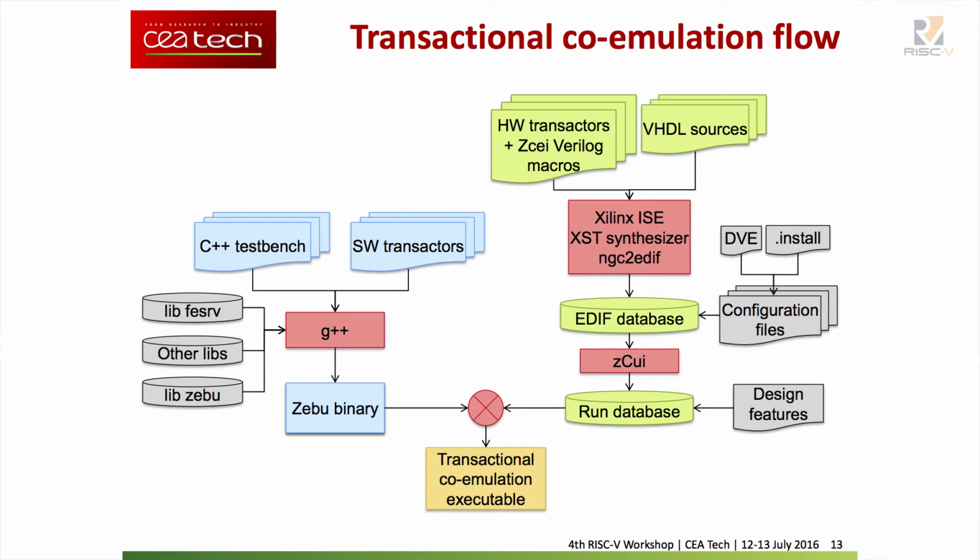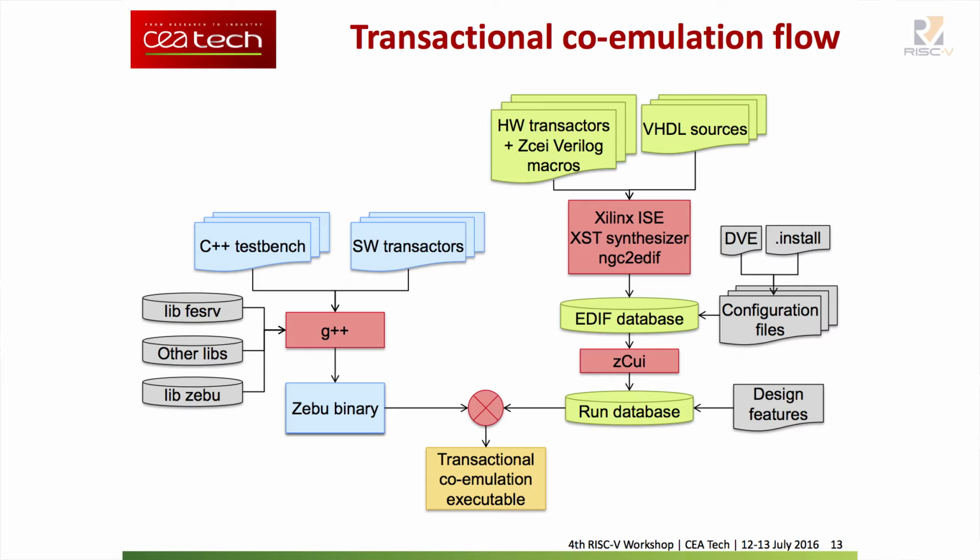Here is an image of the flow. We have our C++ test bench and our transactors that are compiled. In the hardware, we have our sources, then the hardware transactors. We synthesize them through standard synthesizers.